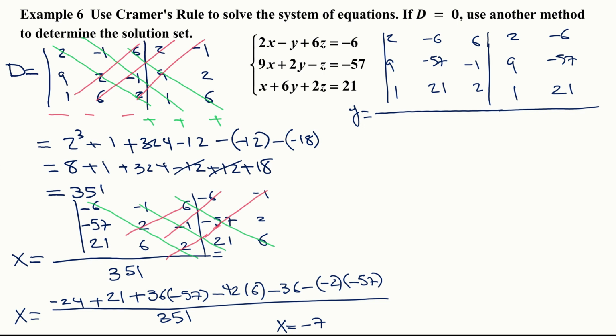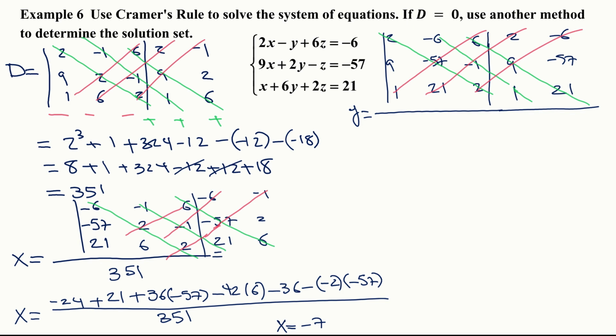So our positive products are going to be this one, and this one, right? We're going to add those. And our negative ones are going to be this one, and this one, right?